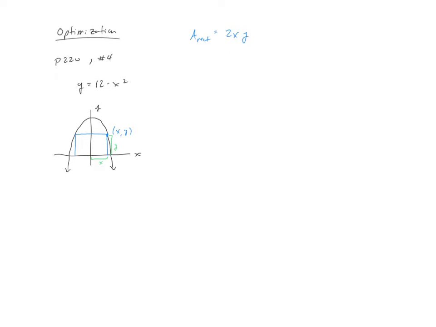We're going to not only plug our constraint into the problem, but we're also now going to get it down to one variable. So I'm going to take my y equals 12 minus x squared, and I'm going to plug that in right there. So my area now as a function of only x is 2x times (12 minus x squared). Now, this is the function that we are going to optimize.